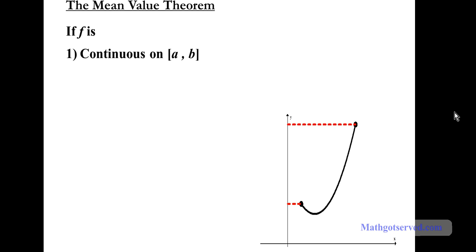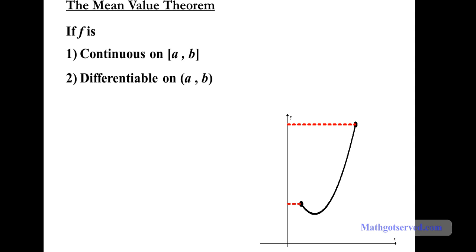So the mean value theorem has two initial conditions. The first one is continuity on the closed interval. Let's say f is continuous on the closed interval [a, b].